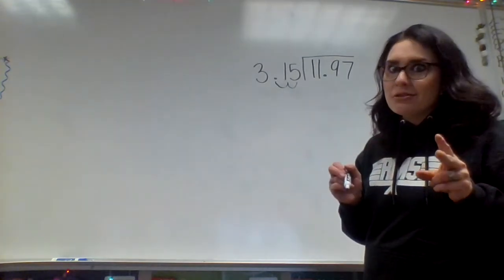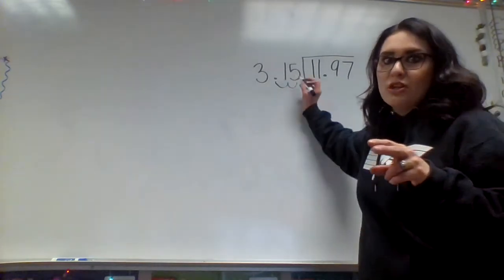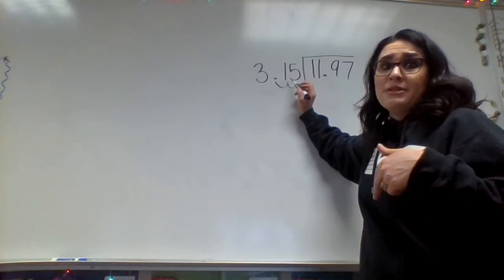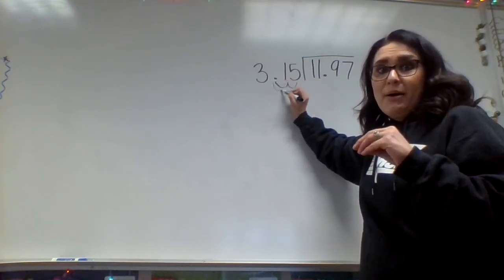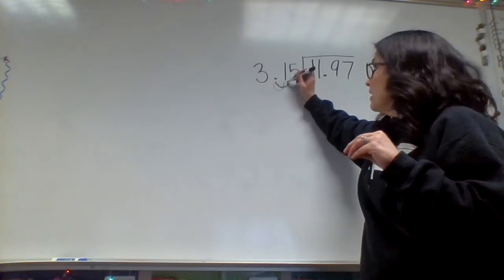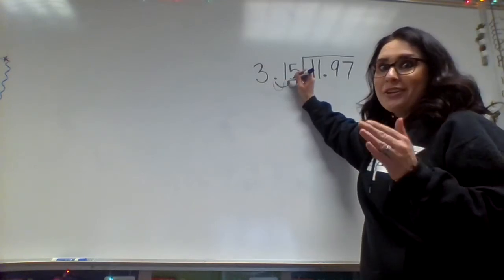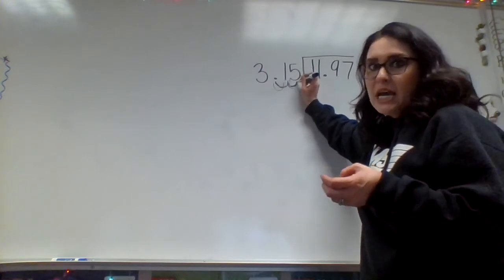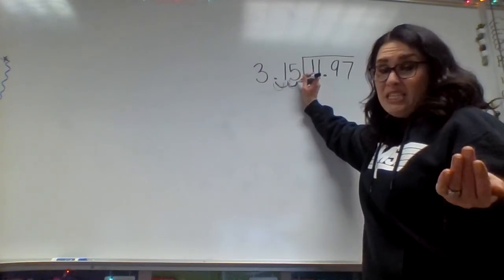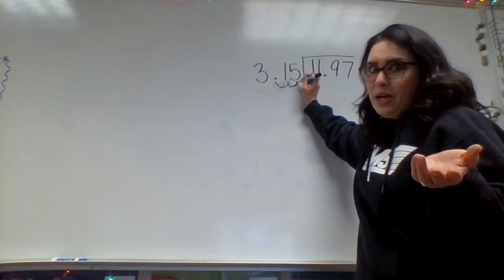And what I'm actually doing when I'm scooching it over is I'm multiplying by powers of 10, right? So if I take $3.15 and I multiply it by 1 power of 10, that would actually be $31.50. Oops, still got a decimal, so I have to multiply it by another power of 10, which would give me 315, right? So I actually multiplied it by 100.